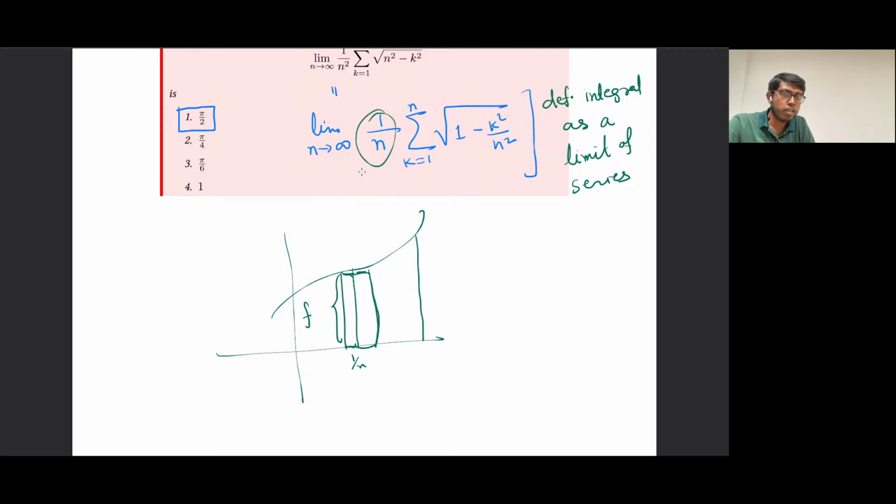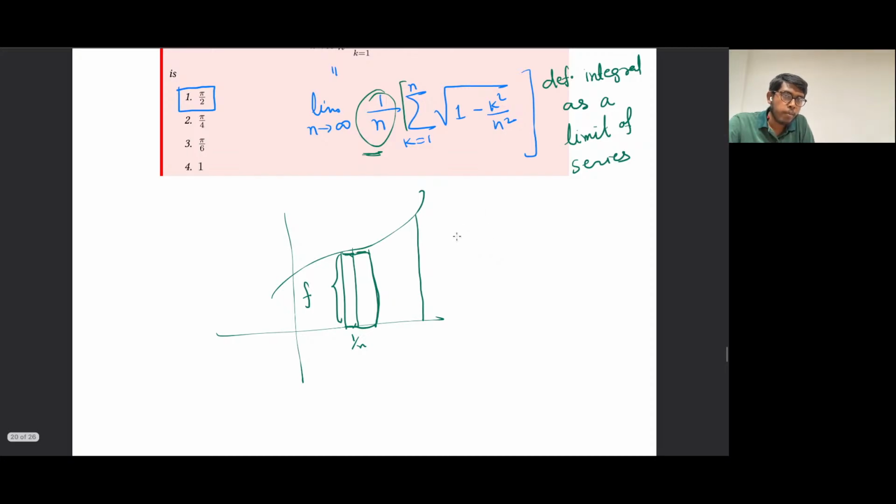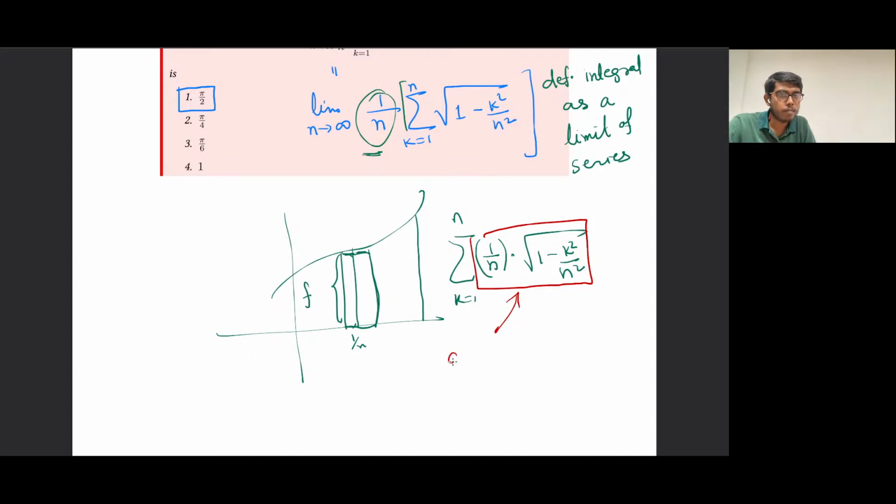So this is the width and this is the height. So what I'm doing is 1 by n times the square root of (1 minus k square by n square), k equals 1 to n. This thing is the area of the kth rectangle.